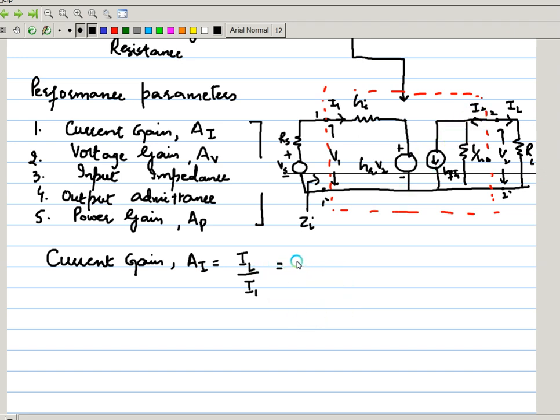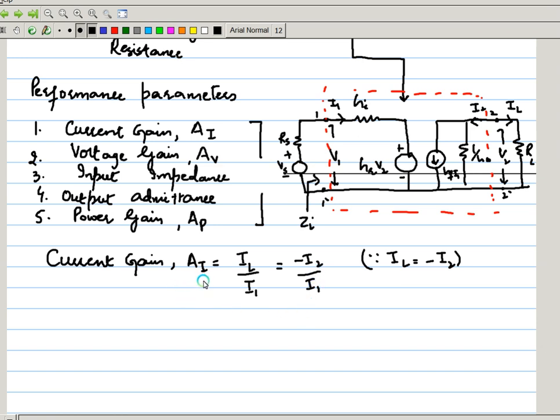So IL will be minus of I2. It can also be written as minus I2 by I1 because IL is negative of I2. Whether you have IL by I1 or minus I2 by I1, that is going to give you the current gain.